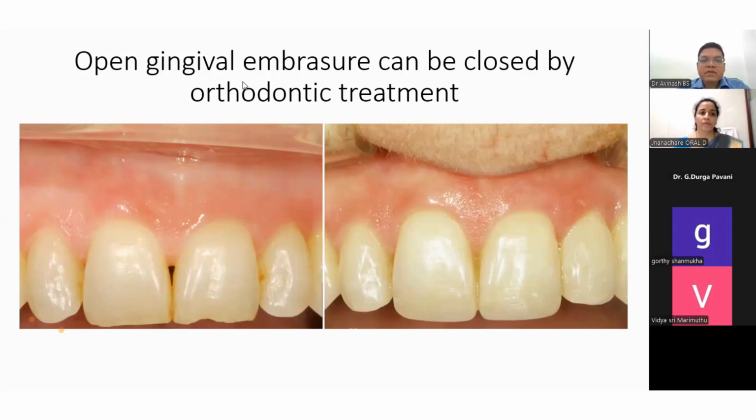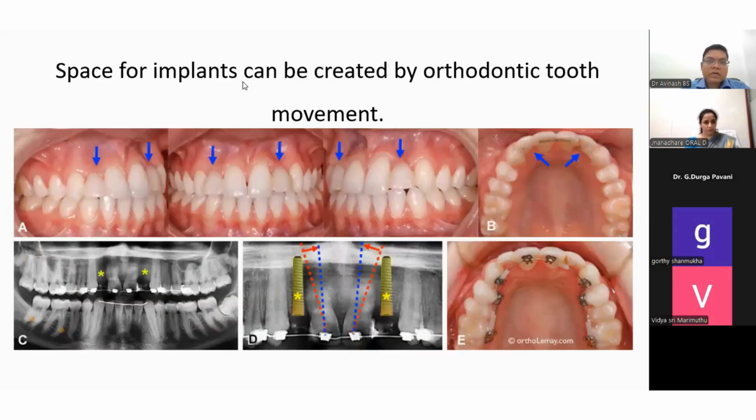What has happened here is, because of the position of the tooth, the soft tissue has followed the hard tissue. That is, it has followed the tooth, and there is fill of the gingival embrasure with the gingiva. Also, with orthodontic treatment, we can create space for the implant and restore the tooth.